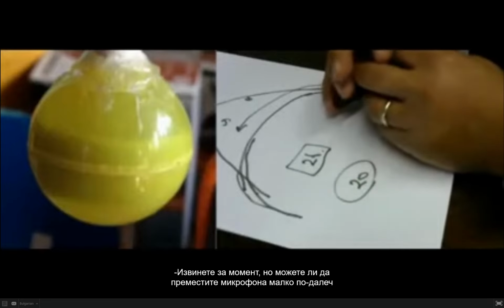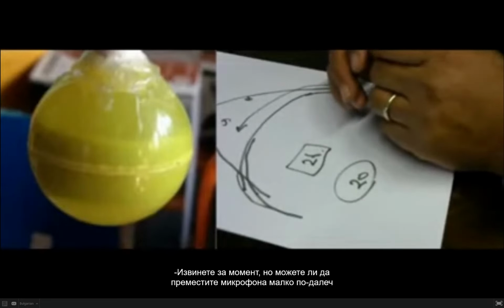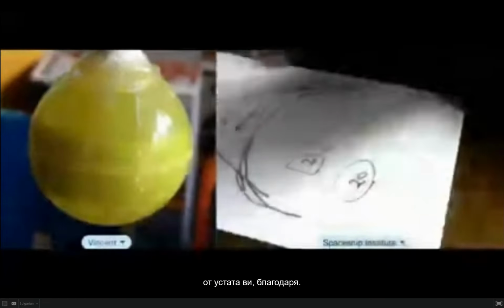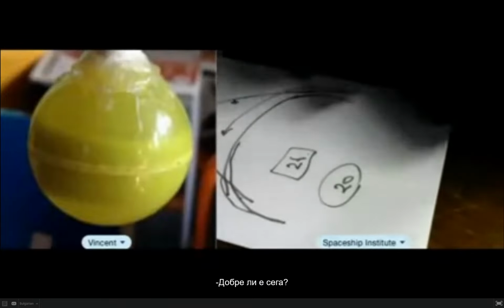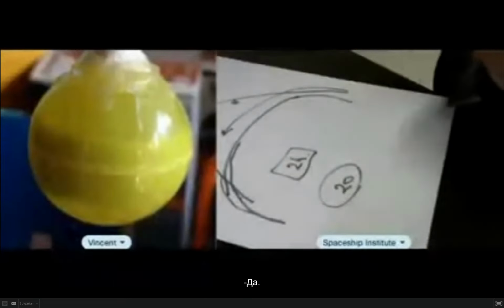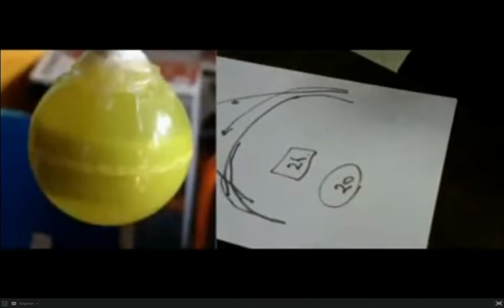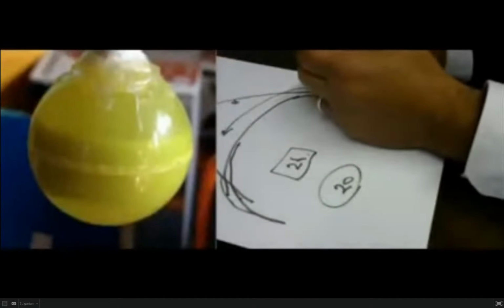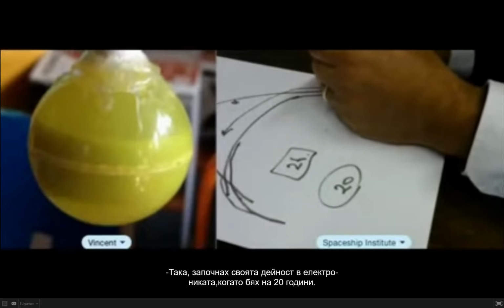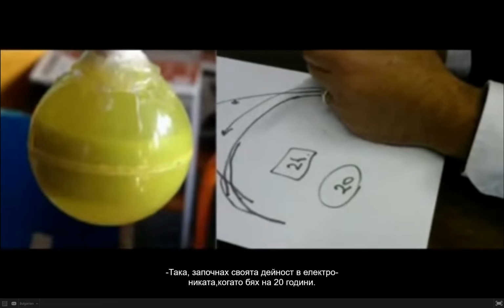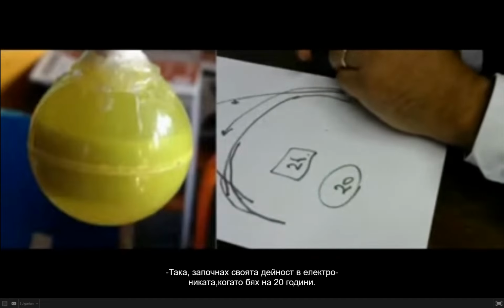Sorry, just one moment, but could you move the microphone just a little bit away from the mouth, please? Thank you. It's okay now? Yes, that's better. Thanks. It's just popping a little bit there. You can carry on. I started my activity in electronics when I was very young, and when I was 20 years.